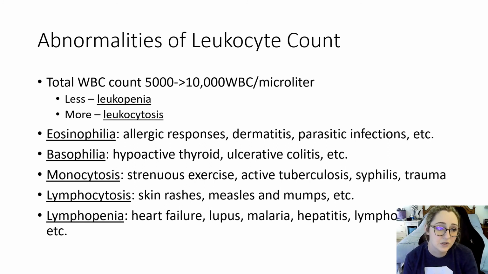Less is called leukopenia, and if you have more than that amount, it is leukocytosis. You do have these various types of problems if you have more or less of that particular type of white blood cell. And instead of just sitting here and reading them off to you, you can read them yourself at another time or while I'm talking here.